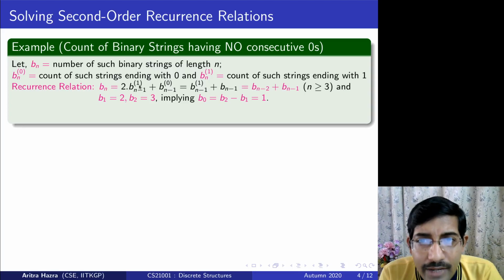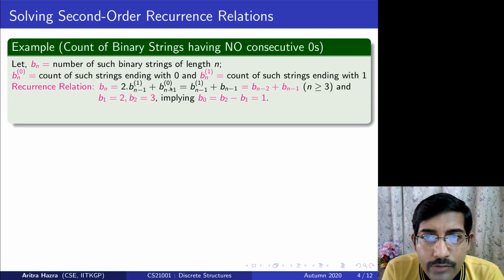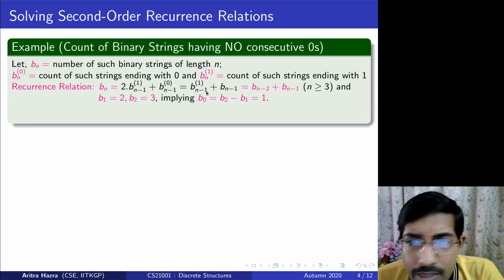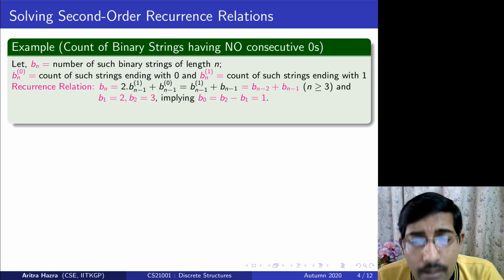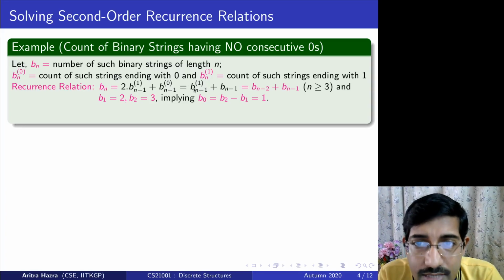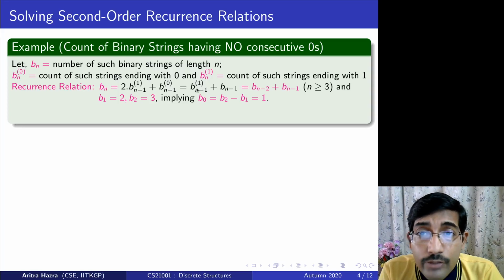Now if you break that recurrence, this 2 times Bn minus 1 ending with 1 becomes Bn minus 1 ending with 1 plus Bn minus 1 ending with 0, which gives you Bn minus 1. And the remaining Bn minus 1 ending with 1 remains. So what is the number Bn minus 1 ending with 1? It is exactly the number of n minus 2 length strings that are ending with 0.